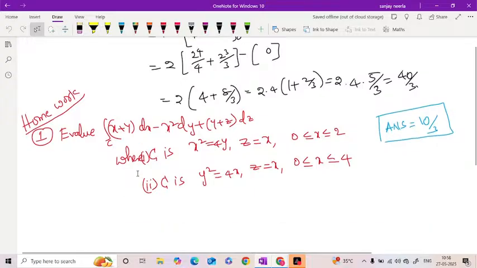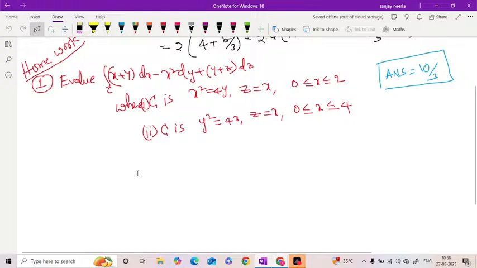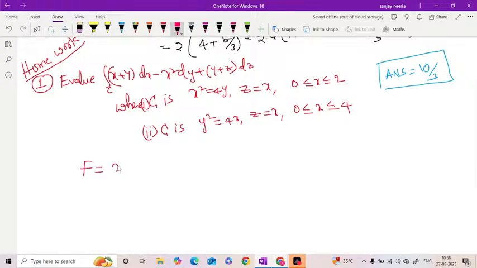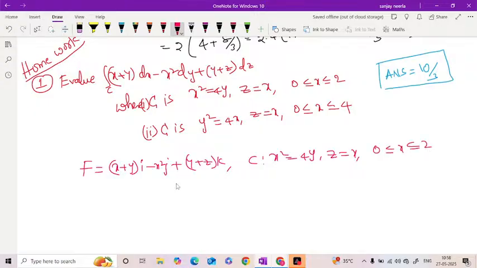Now the same problem they will give like this also. F is equal to (x plus y) i minus x square j plus (y plus z) k, and the curve is x square equals 4y and z is equal to x, where x is between 0 to 2.